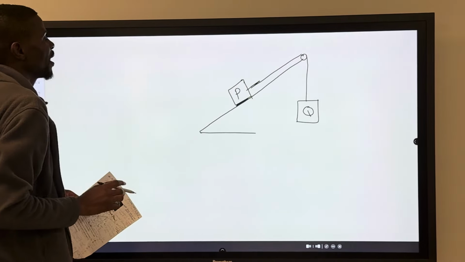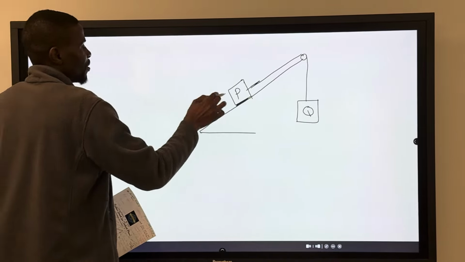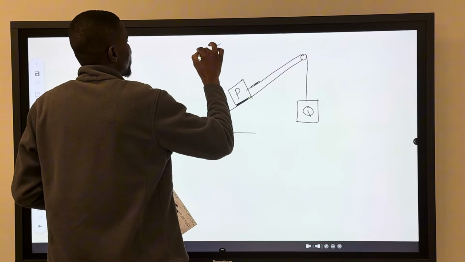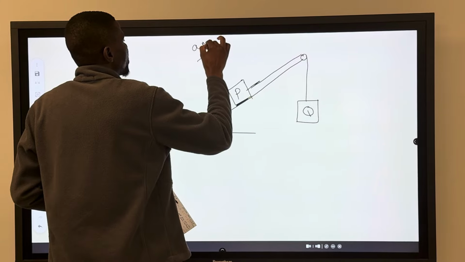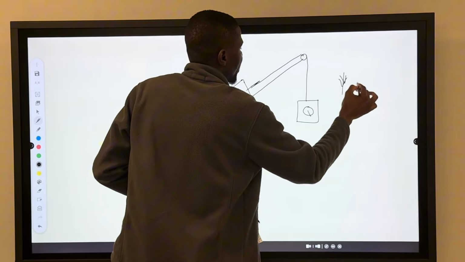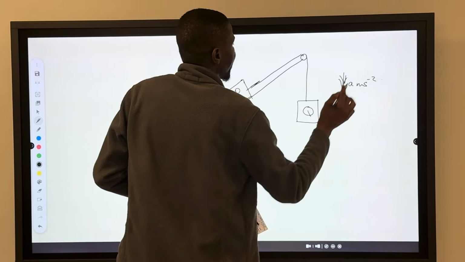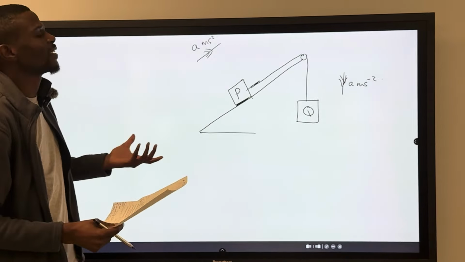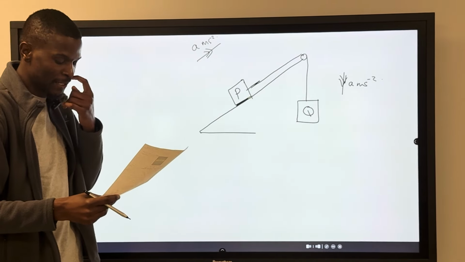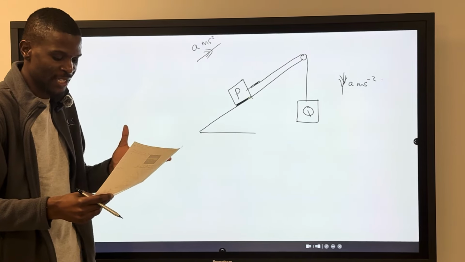Right. So remember, even before we draw the free body diagrams, we can state the direction of motion. So here, that's a, in meters per second squared, and here it's going down. Even if they didn't tell us that Q moves vertically downwards, you need to consider the weight, the mass of each particle.